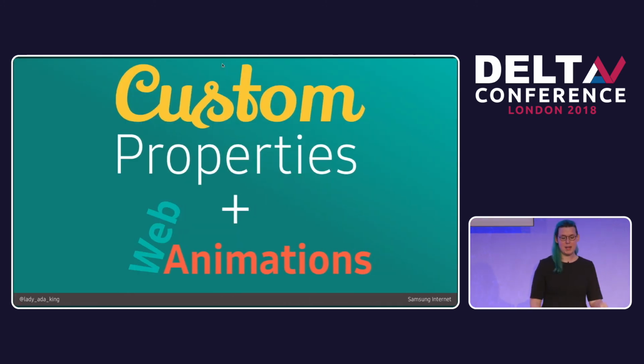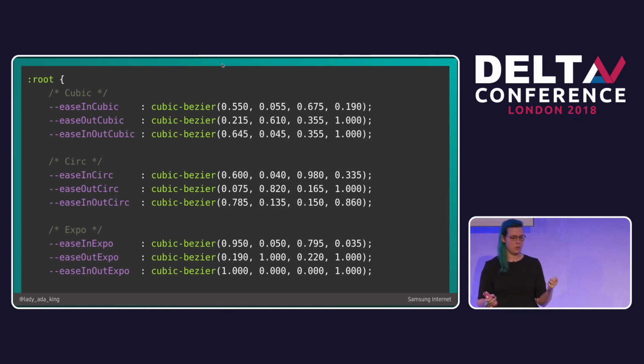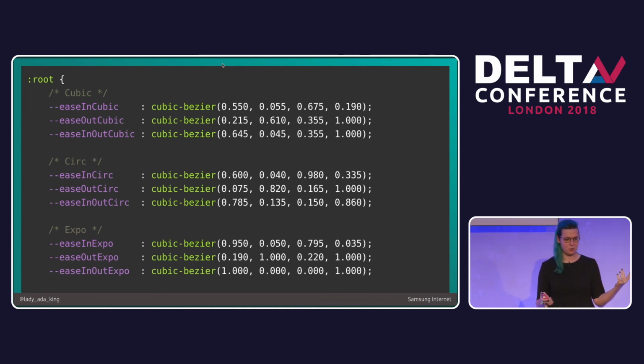So yeah, custom properties and web animations. This one's nice. Well, they're all nice, but I kind of like this one. Anyway, in my opinion, easing functions are a property of style, not code.